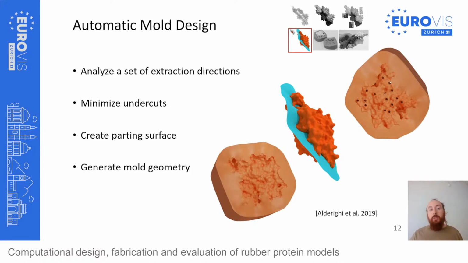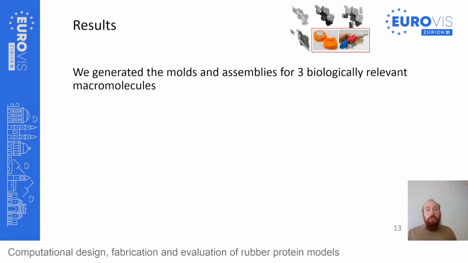This mold design can then be 3D printed, and the mold can be used to generate copies of the subunit. I will show you in a moment, looking at the results, how this ends up. This concludes the computational part about the pipeline.